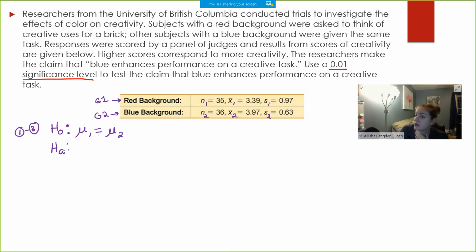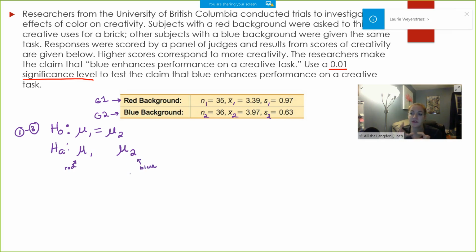Okay, your alternative hypothesis. What do you guys think? Be careful here because mu1 is our red group and mu2 is our blue group. If you need to think of this for a second, you can even write down here, that's our red and that's our blue. So what type of inequality? Which mean is supposed to be larger?